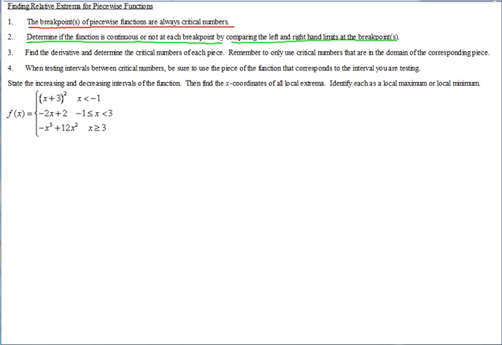So let's find the limit as x approaches -1 from the left. From the left, you use this top piece, and you substitute -1 there, so it'll be -1 plus 3 squared. -1 plus 3 is 2. 2 squared gives you 4. So from the left, the limit is 4.